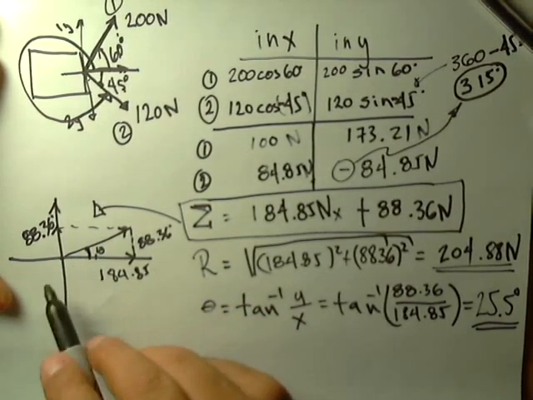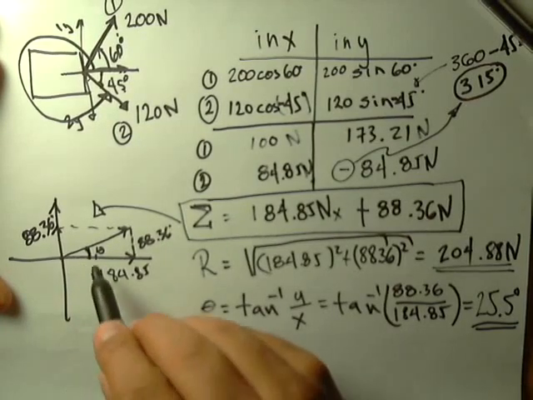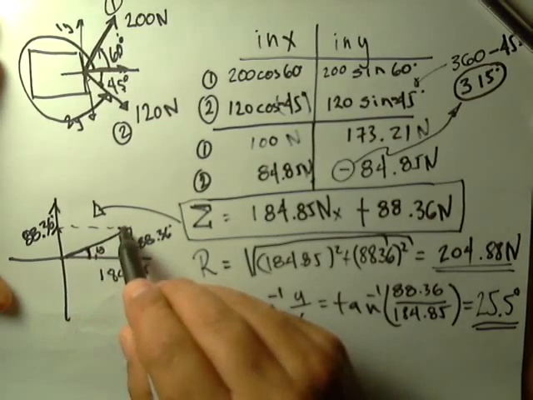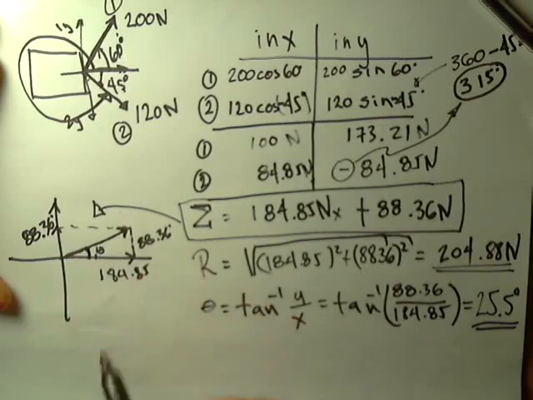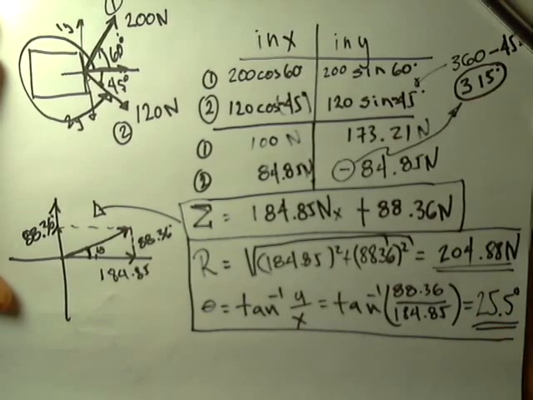How can I find where is my angle? Well, it starts from the axis and is the one that will be on the quadrant of our resultant.